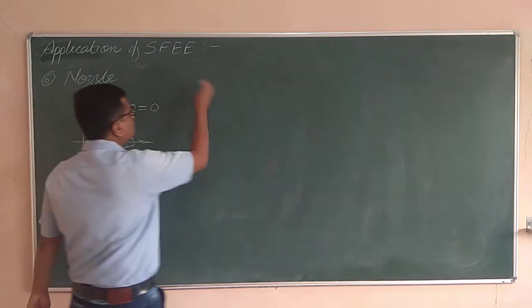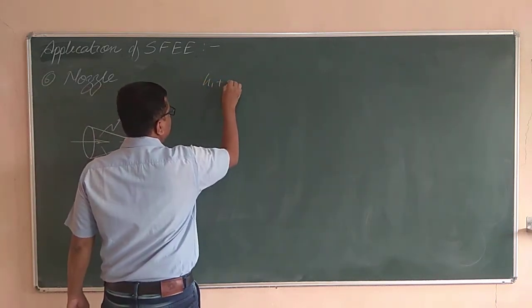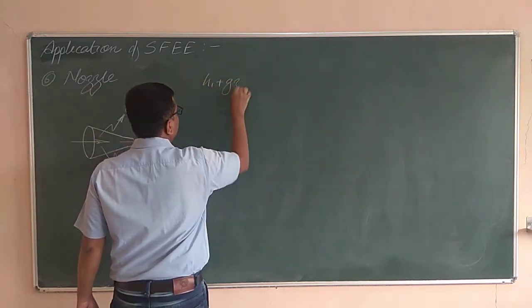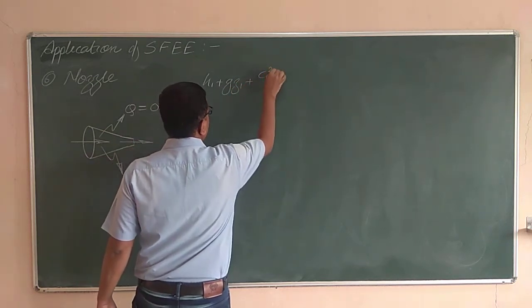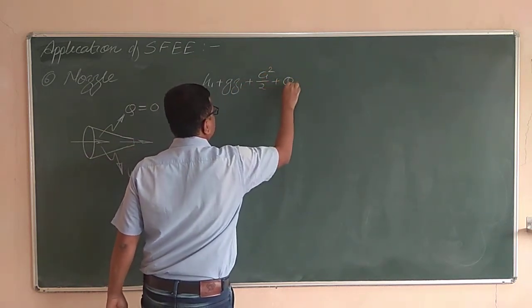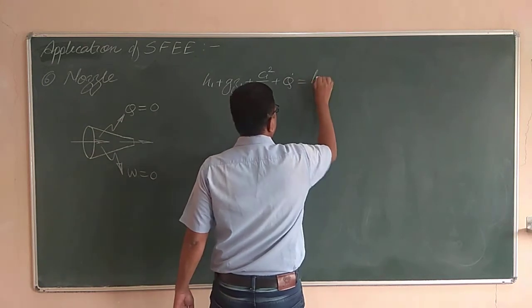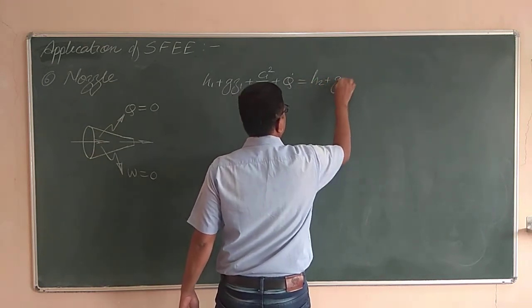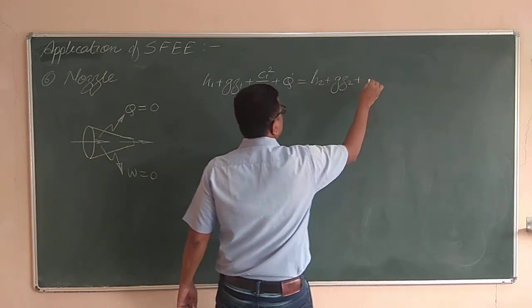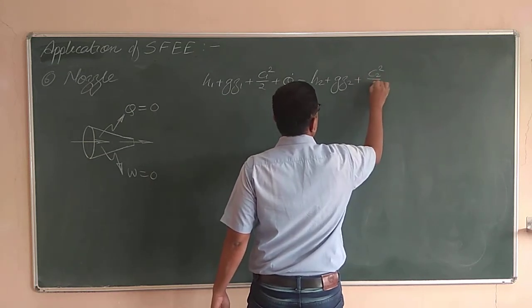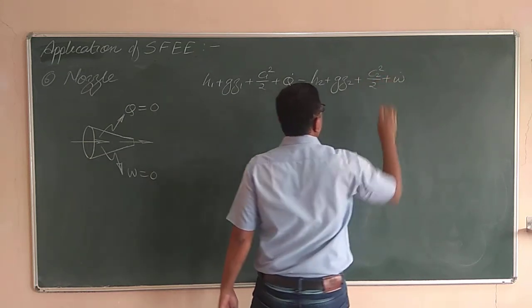Now, what is the steady flow energy equation? H1 plus gZ1 plus C1 square by 2 plus Q dot is equal to H2 plus gZ2 plus C2 square by 2 plus W dot.